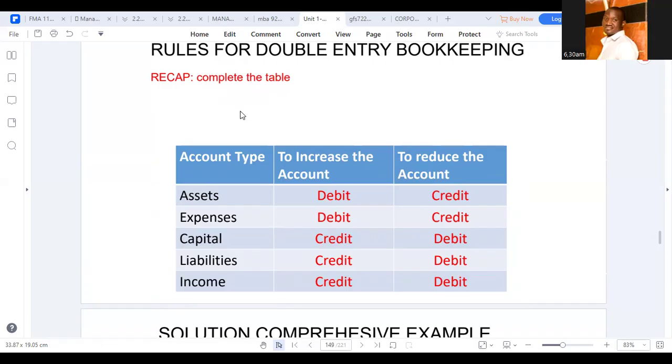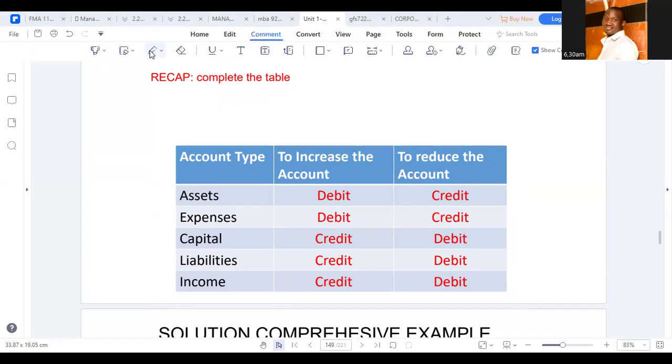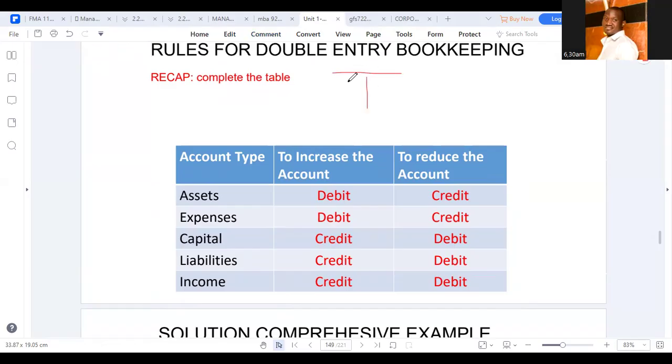So we said PERILS works on the assumption that you increase the following. On the debit side, all purchases, all expenses, all assets are to be debited for them to be increased. All revenues or capital, all liabilities, all sales, income, to increase them, we credit.